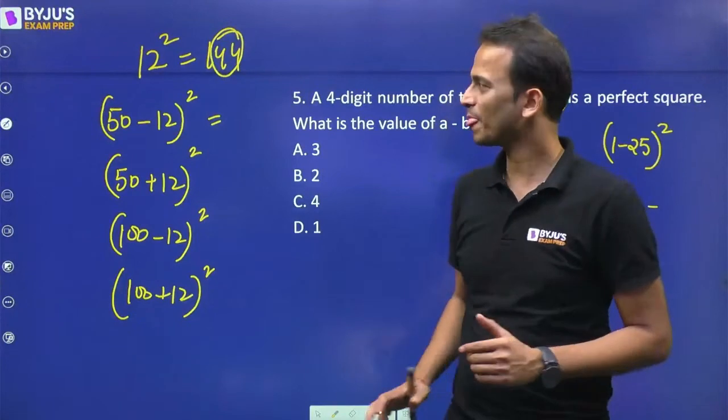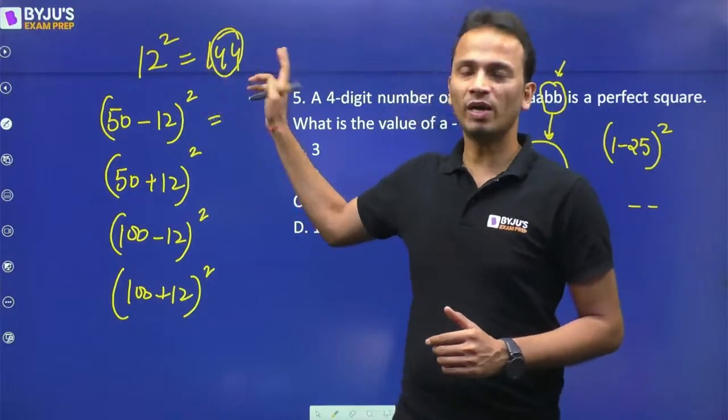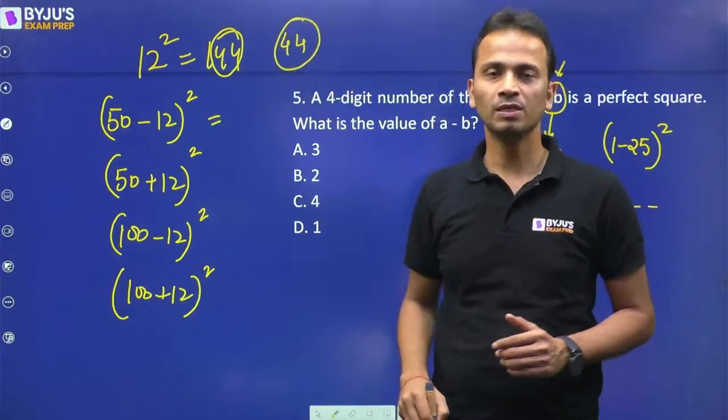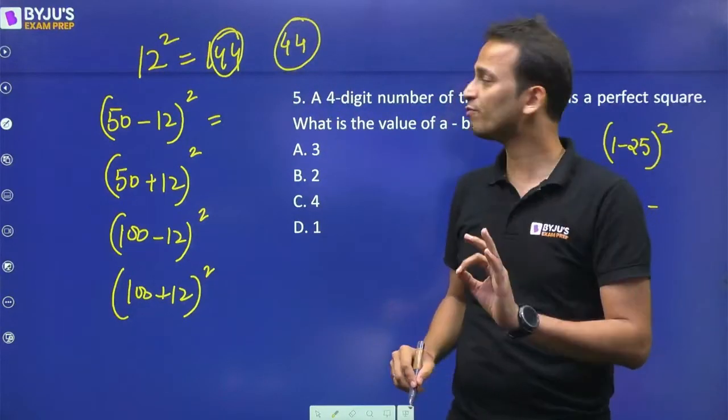I'll repeat. The square of 12 is 144. The last 2 digits are 44.